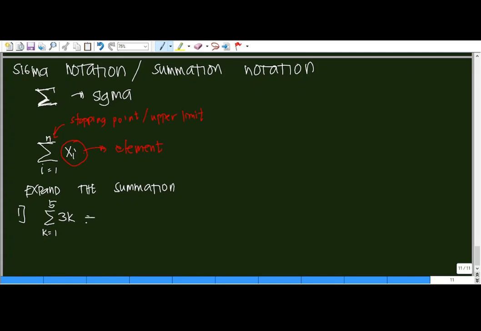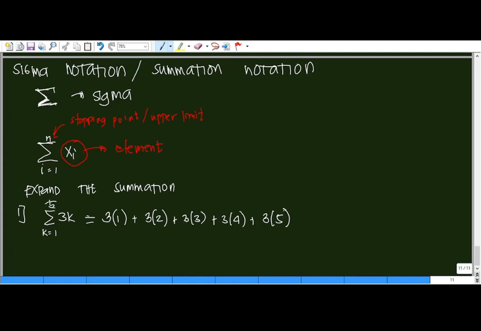So, if I'm going to expand this, it means that is 3 times you're going to start at 1 kasi yun yung inyong index. So, that is 1 plus 3 times 2 plus 3 times 3 plus 3 times 4 plus 3 times 5. I'm going to stop here, kasi nga, sabi doon sa sigma notation, your upper limit is up to 5.